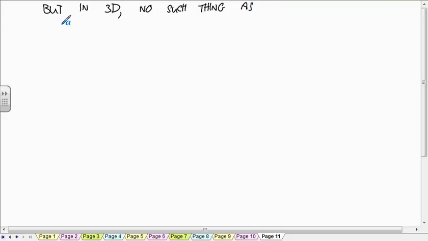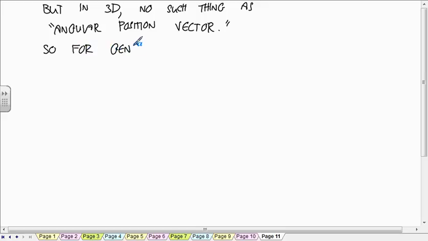So there's no such thing as an angular position vector. So for general 3D motion, all we know is that the derivative of the omega vector with respect to time is equal to alpha.